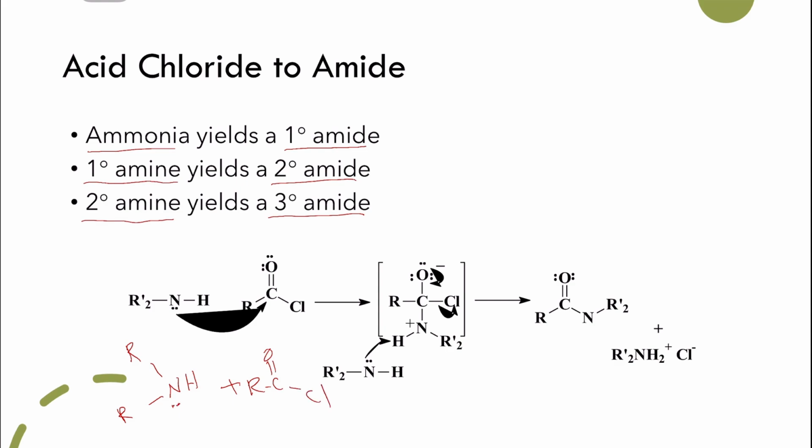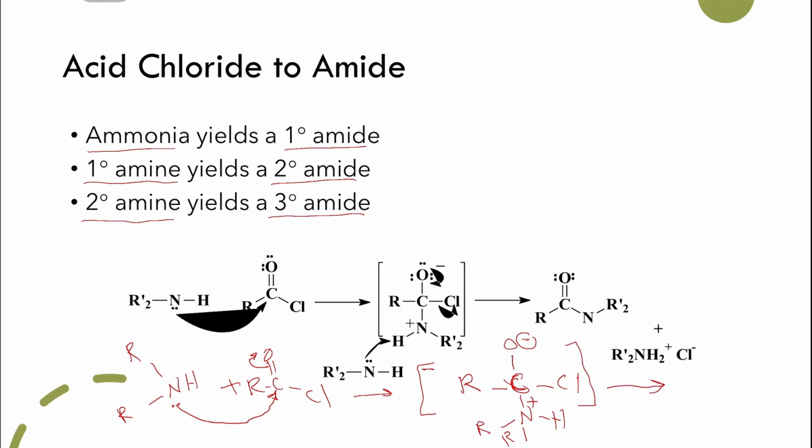The lone pair of the nitrogen will attack the carbon of the carbonyl group, and this will create the tetrahedral intermediate again. Oxygen with a negative charge, chloride, nitrogen that has two R groups and the hydrogen, and it will now carry a positive charge, and this is the R of the acid chloride.